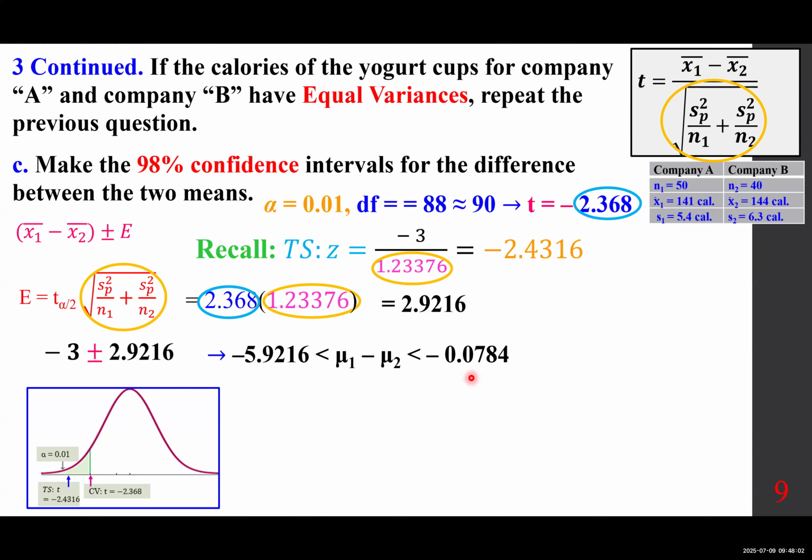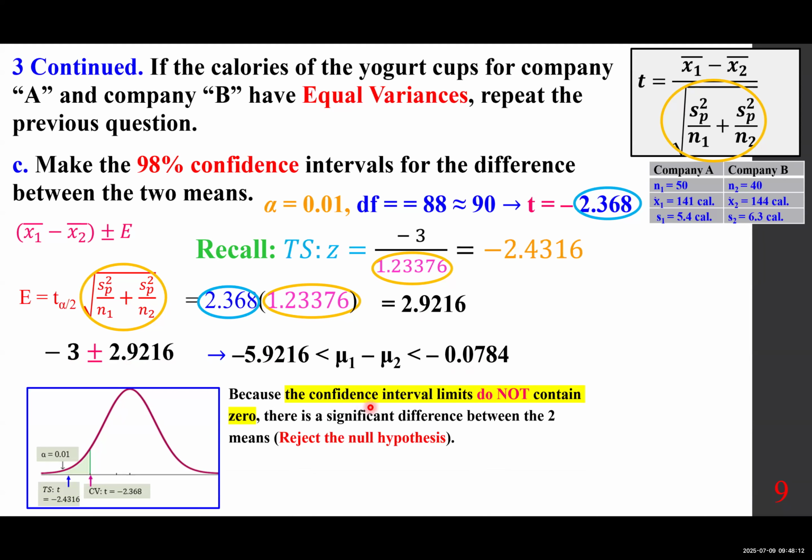And obviously, when you look at both ends, they are both negative. They do not contain 0. Because the confidence interval limits do not contain zero, and that's the key, there's a significant difference between the two means. That means reject the null hypothesis.